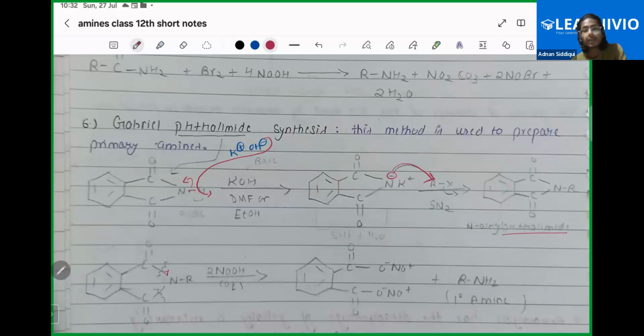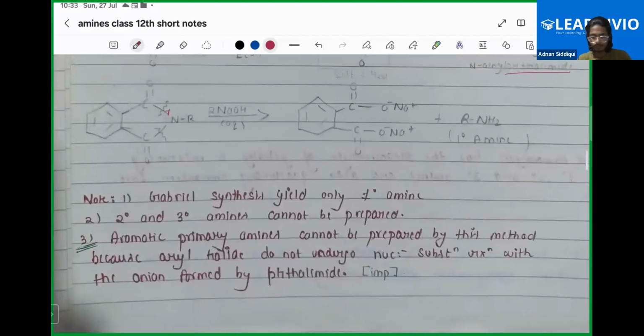So it will prefer a substrate which is not much bulky, a simple 1 degree substrate. If we have a 2 degree or 3 degree substrate, it won't be able to attack from the backside and the reaction won't proceed. So in Gabriel phthalimide synthesis, the alkyl halide that you are using should be 1 degree. That's the only way you will get a 1 degree amine.